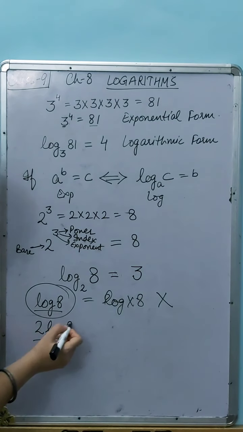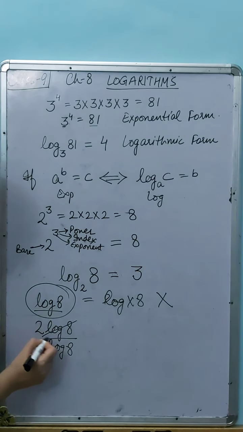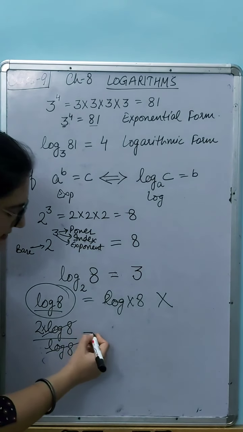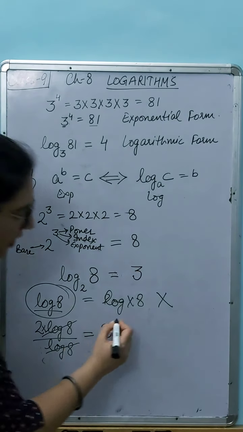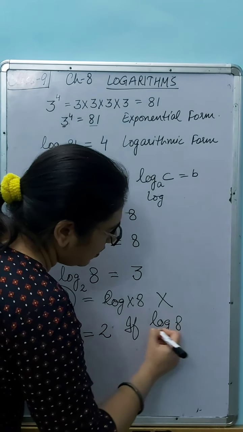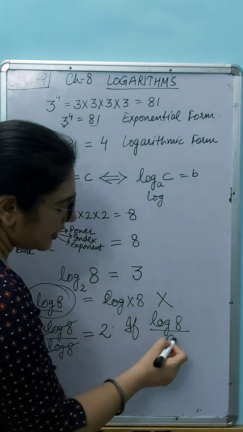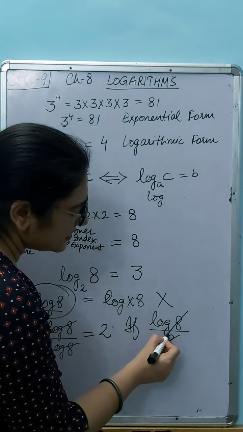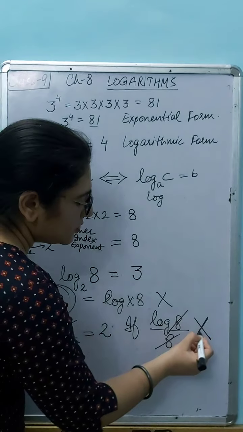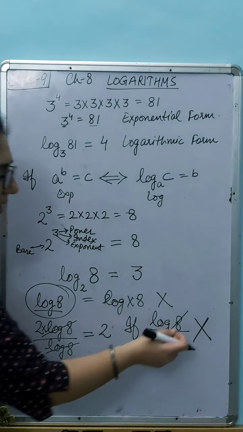Here log 8 and log 8 can get cancelled, because 2 is multiplied with log 8 in the numerator, and in the denominator log 8 is there. So they will get cancelled and the answer will be 2. Or if you have log 8 over 8, you cannot cancel this 8 with this 8. This is completely wrong. Students usually make these kinds of mistakes. You cannot cancel it.